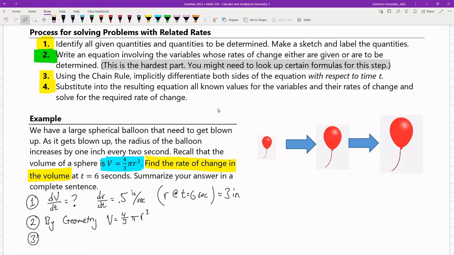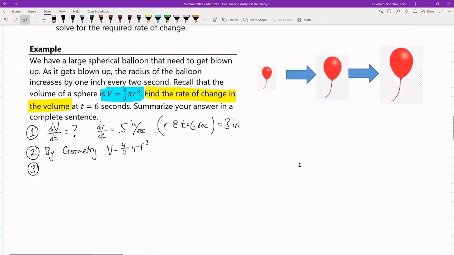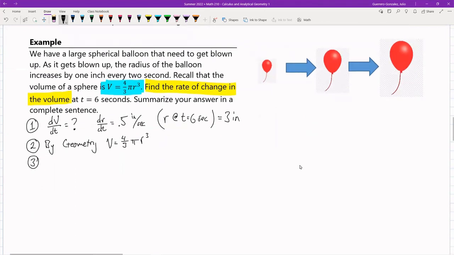Step 3 is using the chain rule. We need to implicitly differentiate both sides of the equation with respect to time. This is the part that, at least calculus-wise, is the most difficult. So I need to take the derivative of this thing with respect to time.